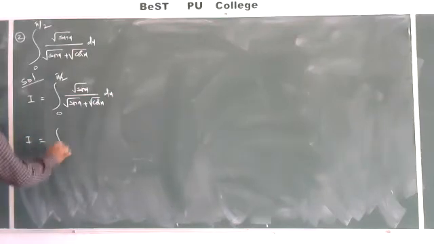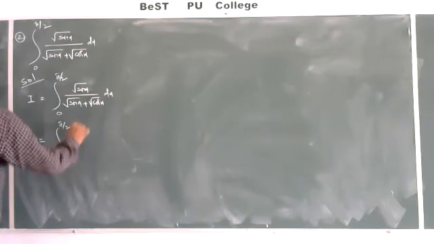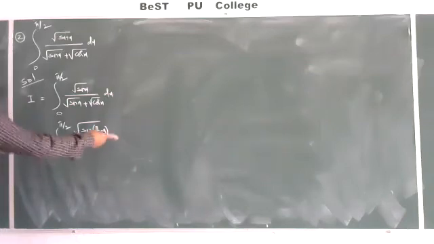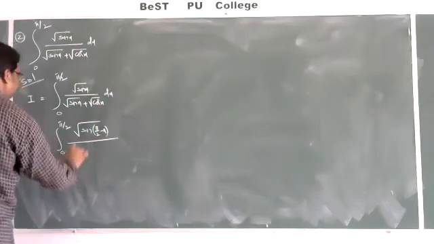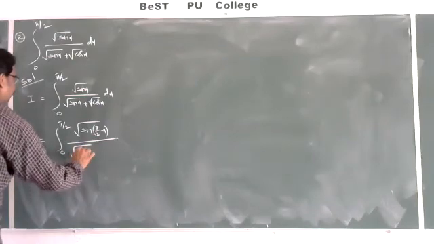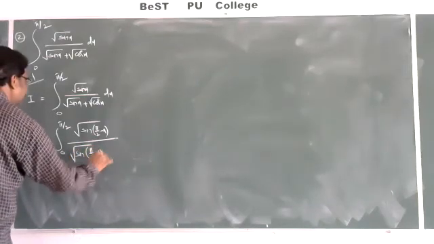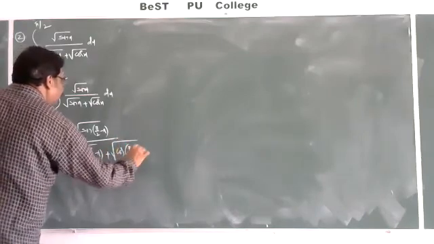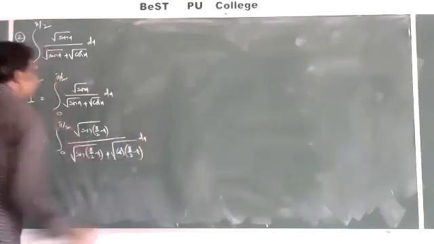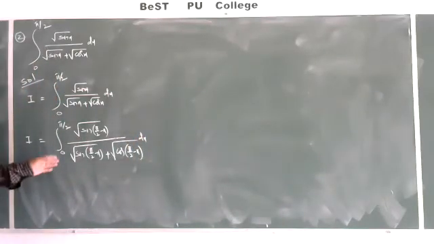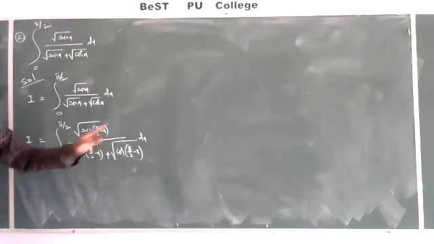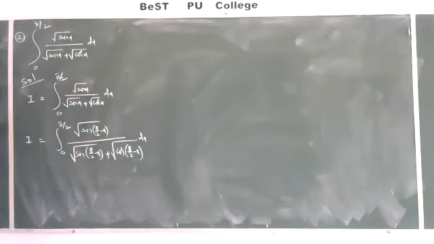That is, I is equal to integral 0 to pi by 2 of root of sin of pi by 2 minus x by root of sin of pi by 2 minus x plus root of cos of pi by 2 minus x. What is a here? Pi by 2. So in the problem, at x you substitute a minus x.